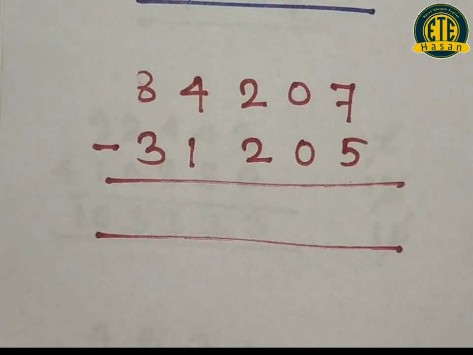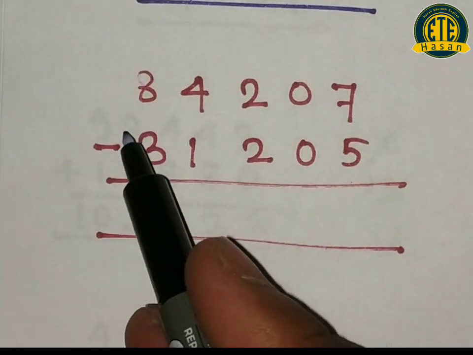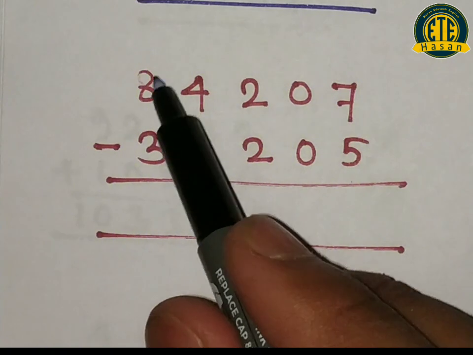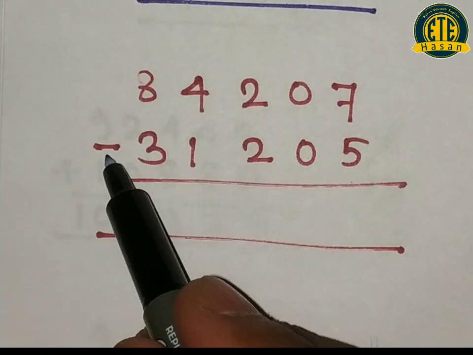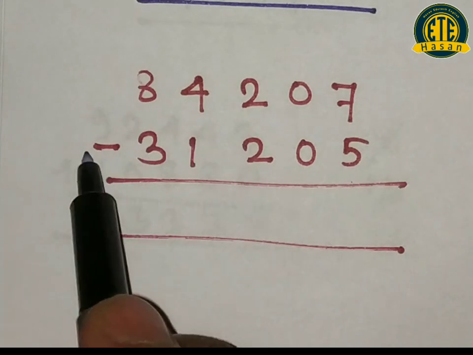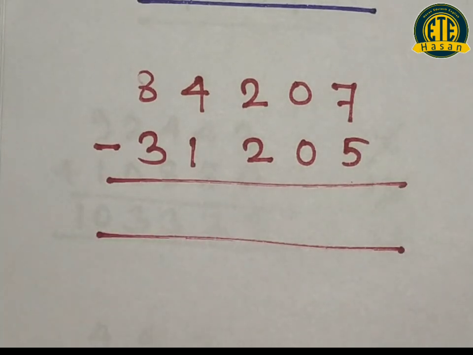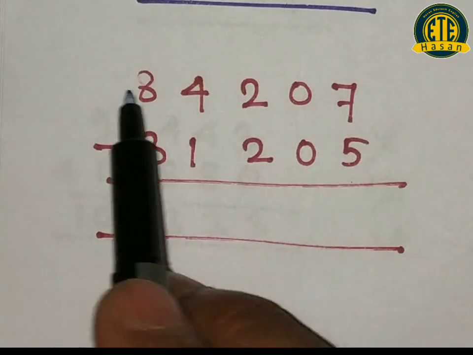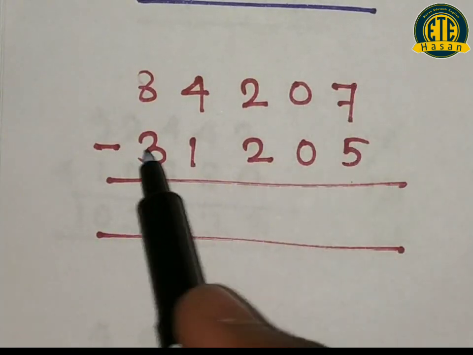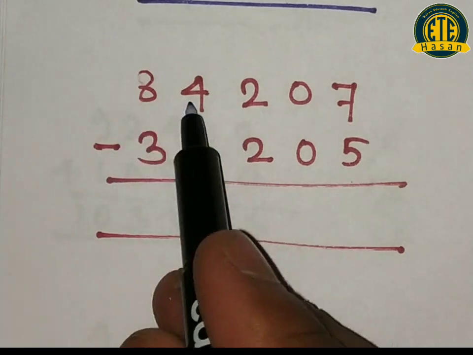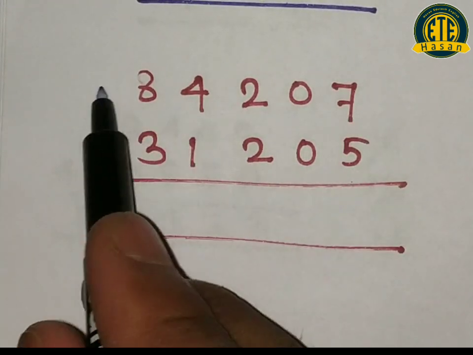No, so by default it is a plus sign. Here the minus sign is mentioned, so we can say this number is a minus number. We subtract from plus to minus, and plus is the bigger number, minus is the smaller number. The total number of digits here is 5.